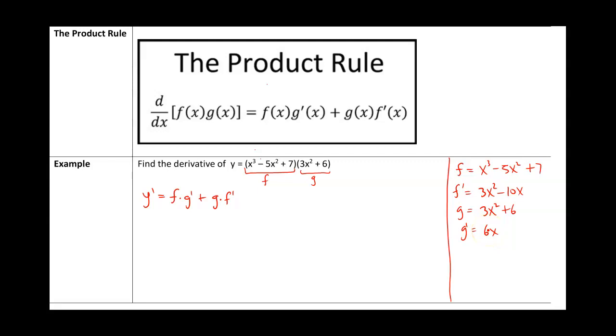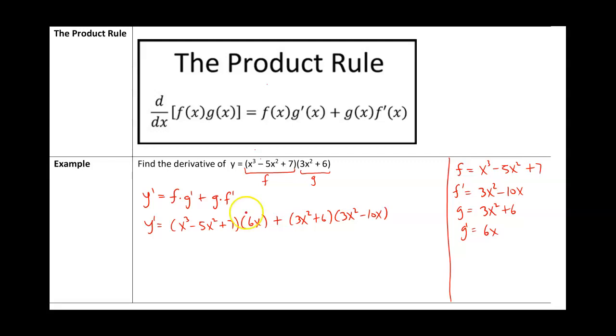Okay, so now we have f times g prime plus g times f prime. So all the terms we need are here, which is why it's good to organize it. So we have x cubed minus 5x squared plus 7 times my g prime, which is 6x, plus my g, which is 3x squared plus 6, times my f prime, which is 3x squared minus 10x. Now from here, we do have to FOIL or multiply, distribute.